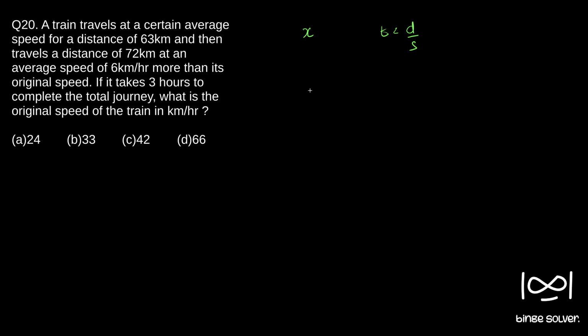So 3 hours is 63 by x, the time taken to cover 63 kilometers at a speed of x, plus 72 by x plus 6, for 72 kilometers at a speed 6 more than x. This is the only equation that is given. If you solve it, this becomes a quadratic equation.